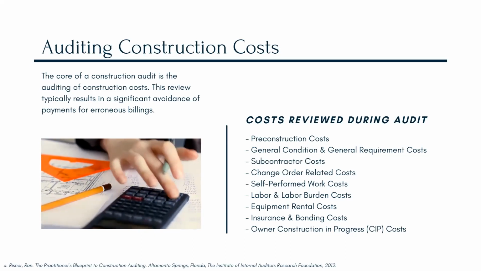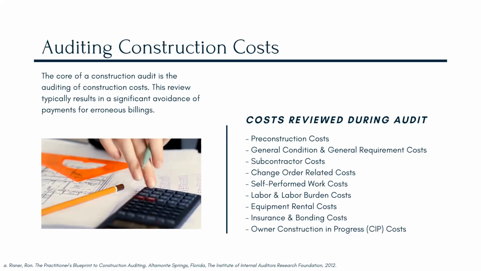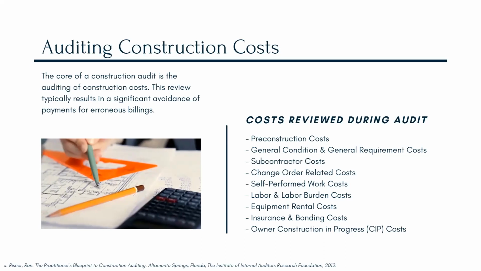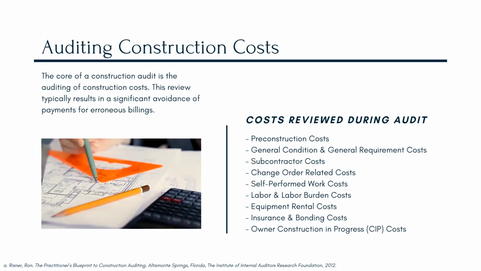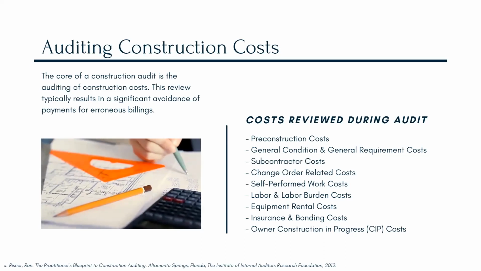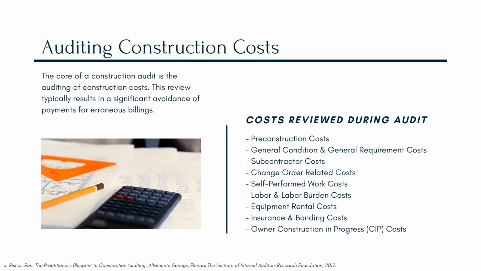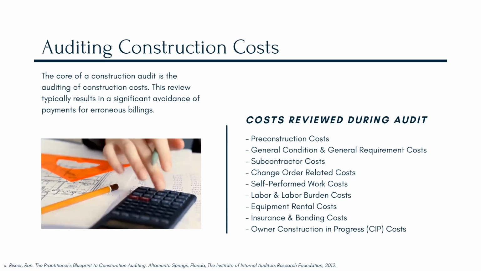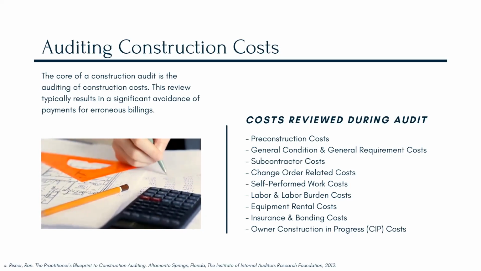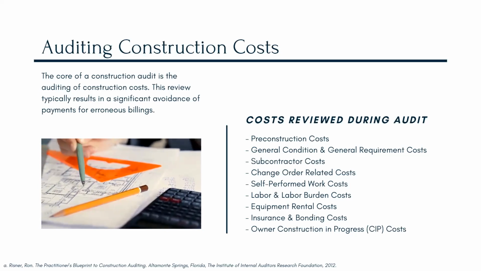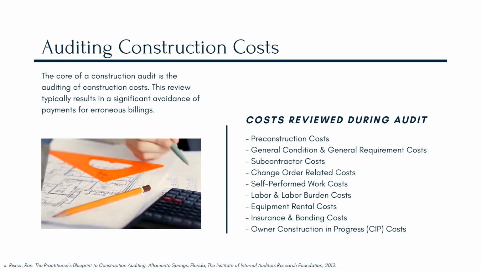Moving into the second topic, general conditions and general requirement costs. Almost every single construction project will have some general conditions, sometimes referred to as general requirements. In some projects, there are nuances that distinguish between the two, but these are typically general costs that are incurred with every project.